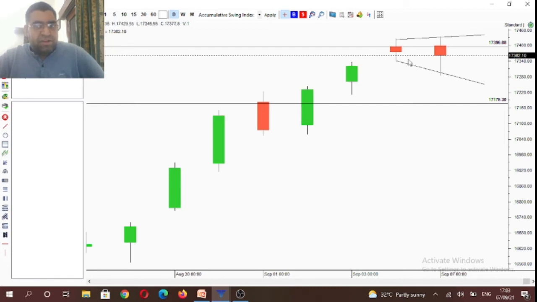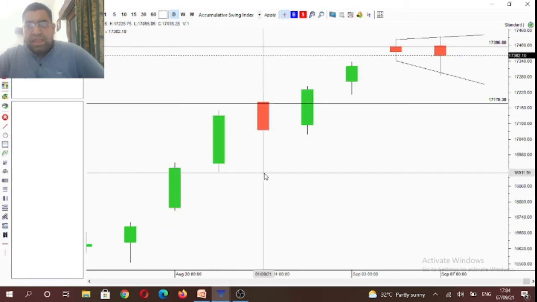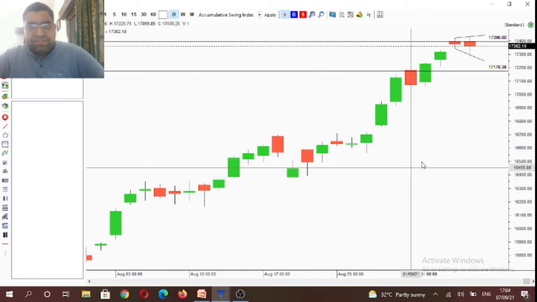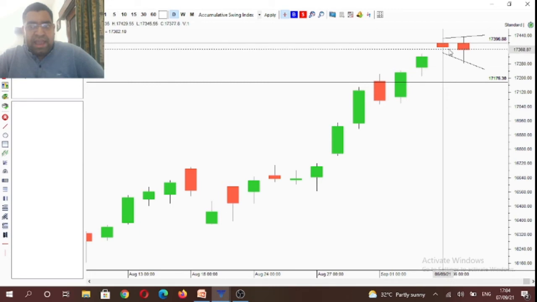So it also denotes volatility in the market. And on intraday basis, the market was under control of sellers below 17,401 level, and there is conflict on the monthly, weekly time frames. In terms of price structure, there is no trend at this point of time. The higher high, higher low structure has been broken by the formation of this outside candlestick.